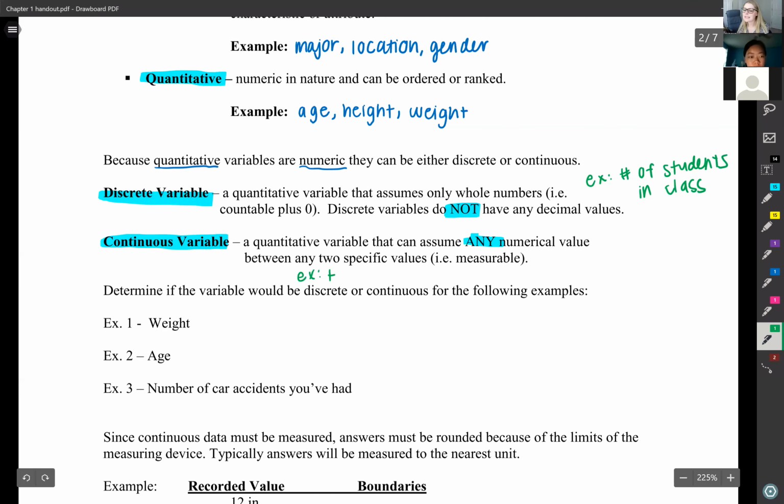You could say it's 96.8 or something that could be in a decimal. Like the speed you're driving, you could say I'm going 67.3 miles per hour. It doesn't have to be a whole number. It's something that could be measured. So even time would be continuous.